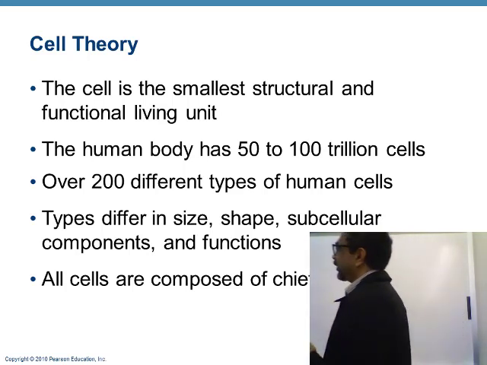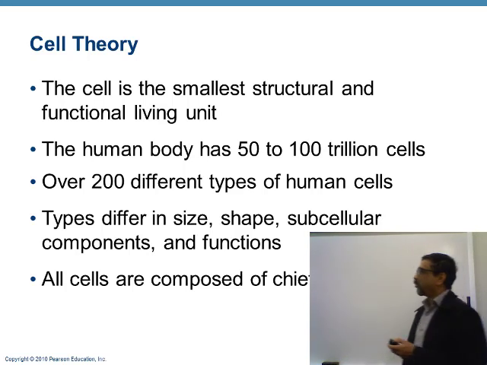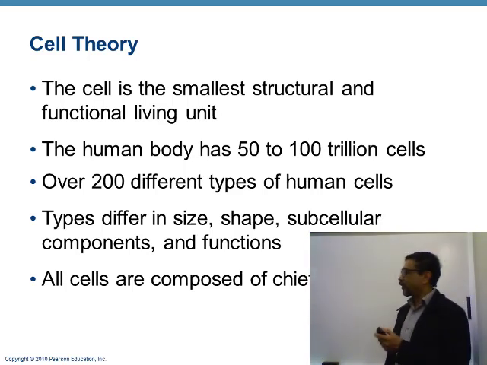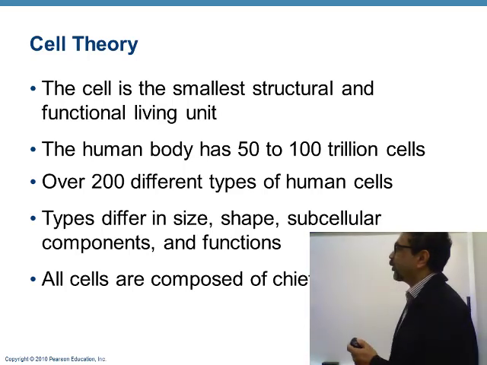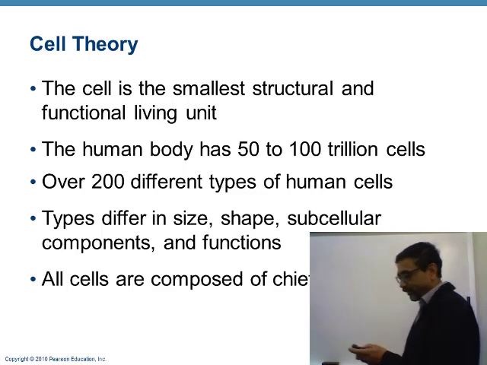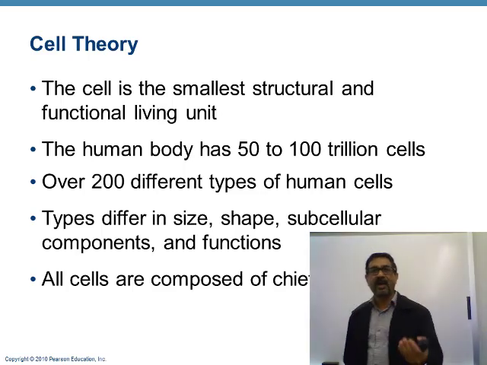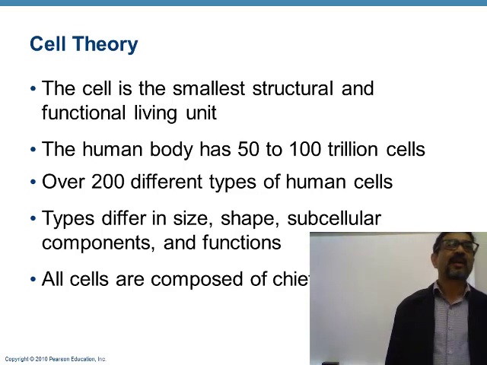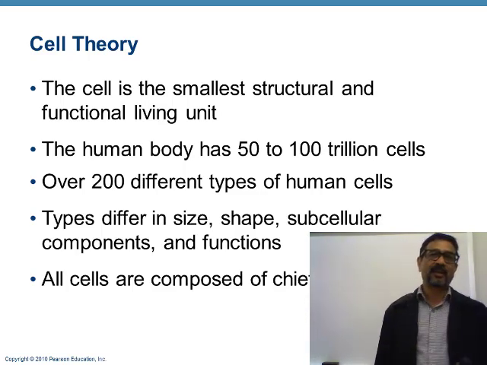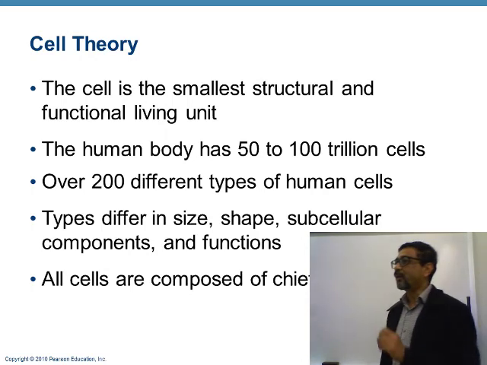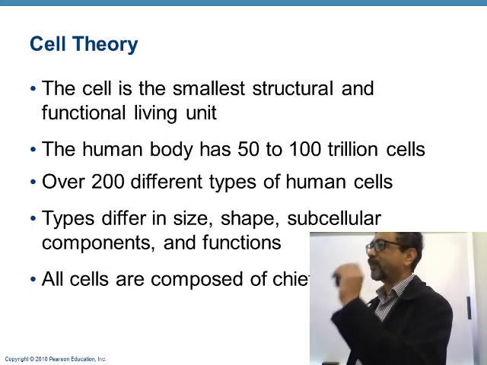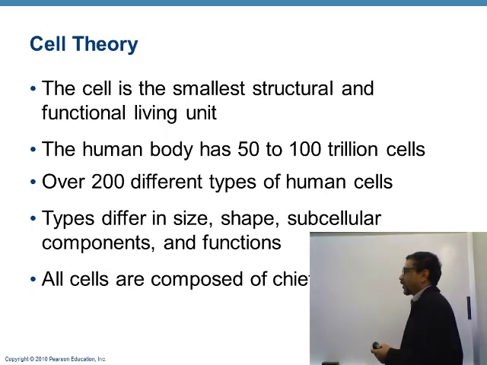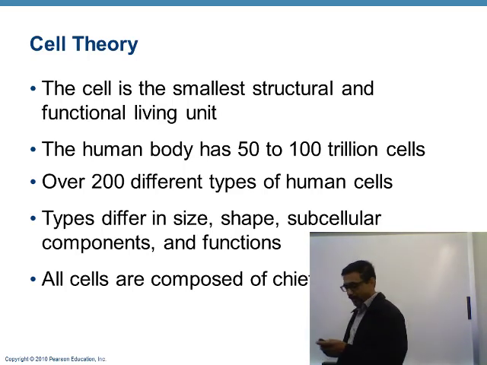Trillions, 50 to 100 trillion. And over 200 different types of cells are present in the human body. How are they different? They are different in shape, size, color, function. We will see a few examples of how different cells are different. But just know that there are over 200 different types of cells present in the human body.